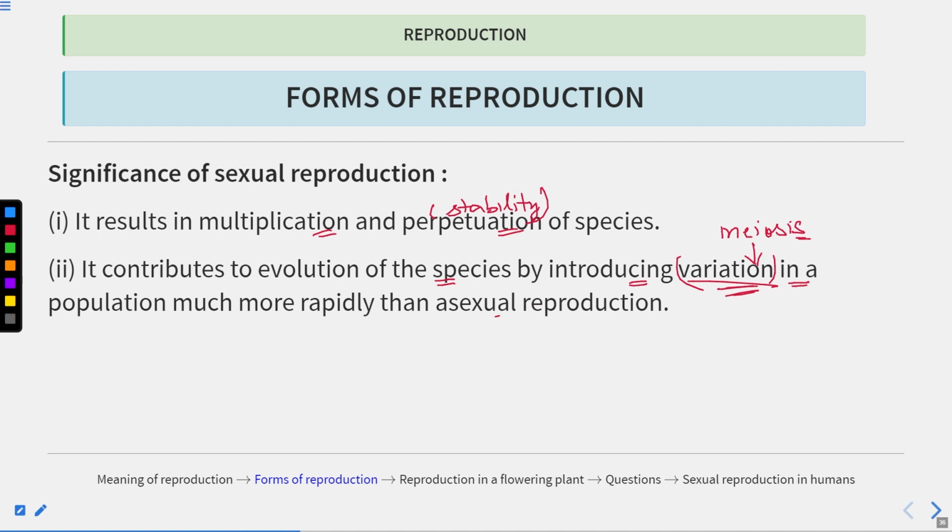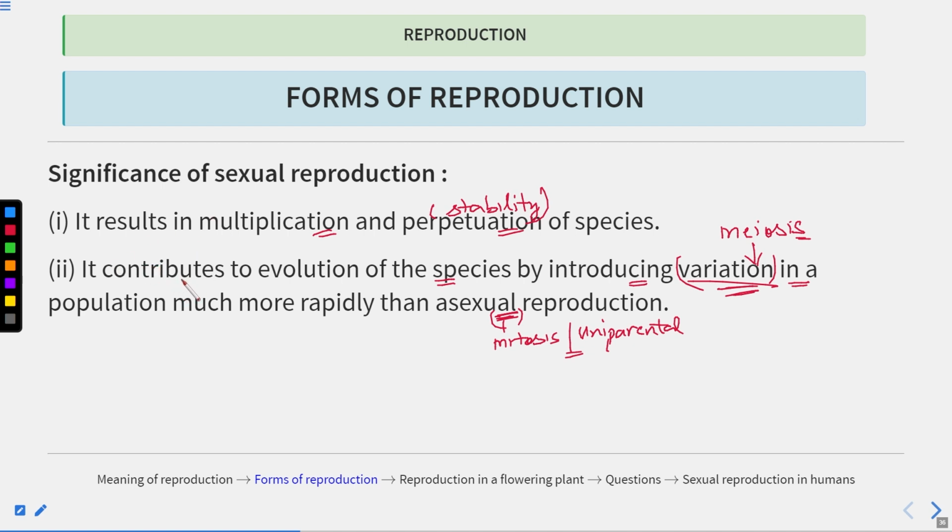Whereas if we talk about asexual reproduction, there only mitosis is involved and only one parent is involved, which means it is uniparental. There is no meiosis, so there is no variation, so it doesn't give rise to new species.